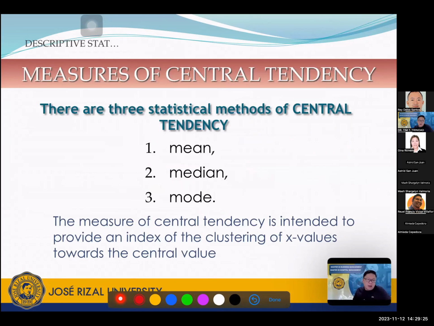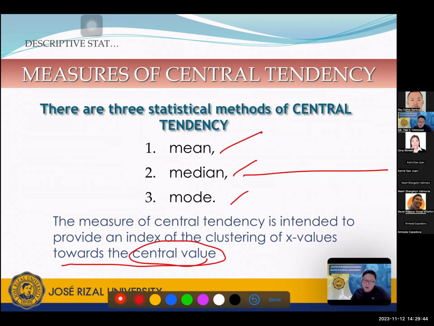So let's talk about the measures of central tendency muna. So there are 3 statistical methods for central tendency. So we have the mean, the median, and the mode. So the measures of central tendency is intended to provide an index of clustering of X values towards the central value.